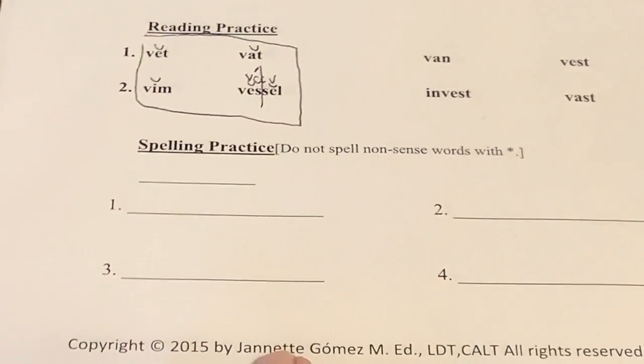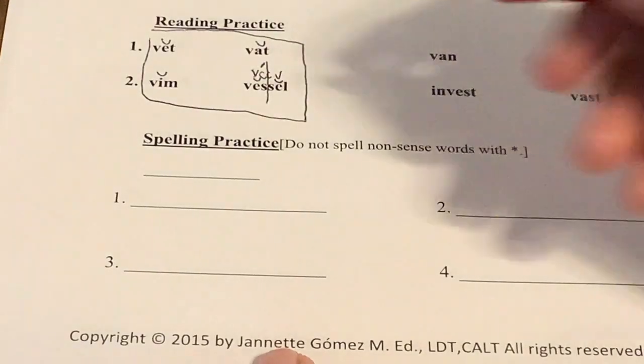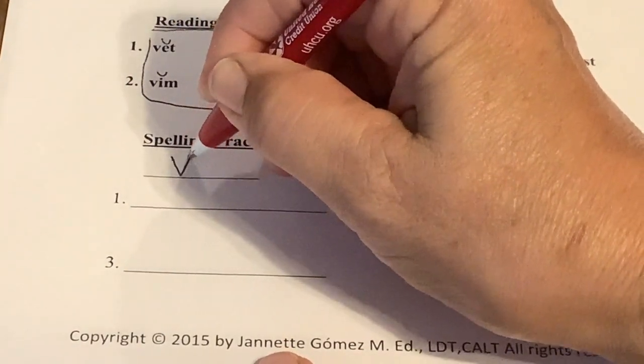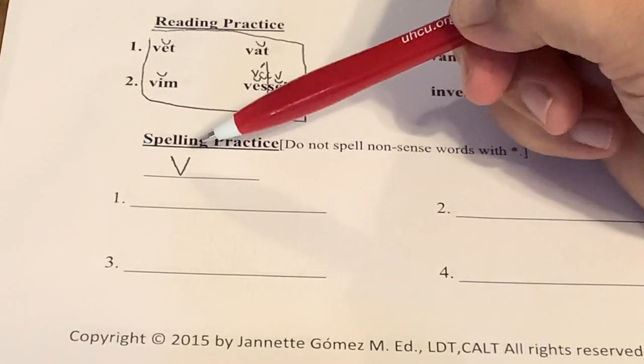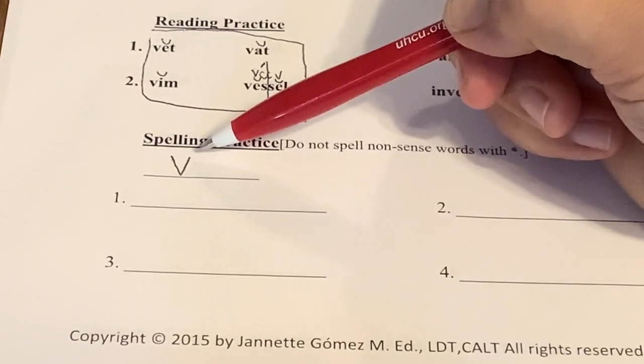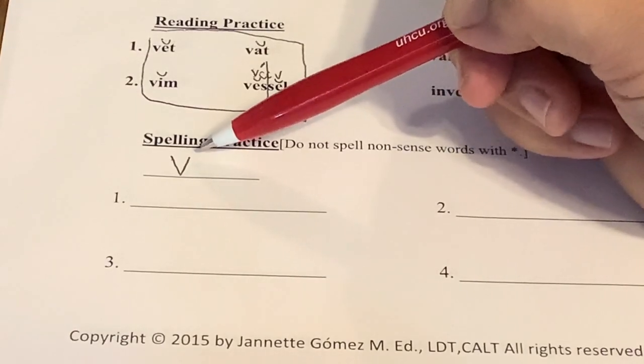Let's spell some words. I'm going to say a sound. You're going to repeat the sound, name and write the letter that makes that sound. V. V. Very good. Something very important in spelling: there are no words in the English language that end with the letter V. For example, give.